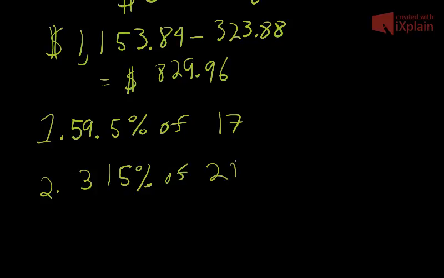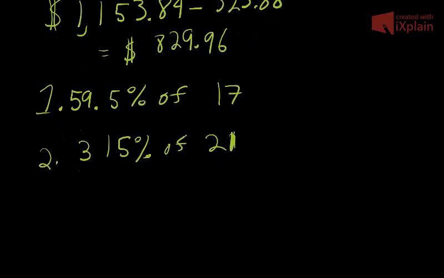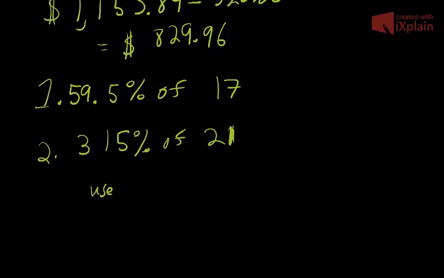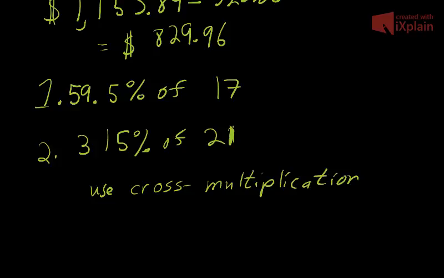And I would like you to use cross multiplication for one of those. I don't care which one, just pick one of them. Make sure you use cross multiplication for one, and you can use the old method for the other.